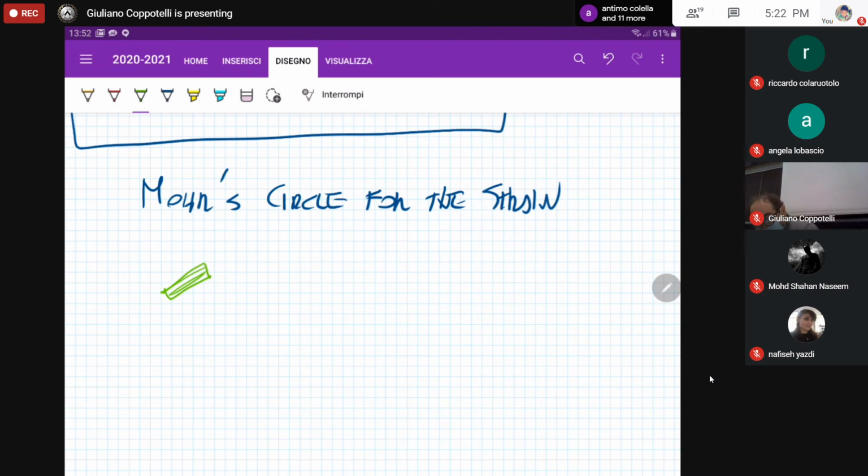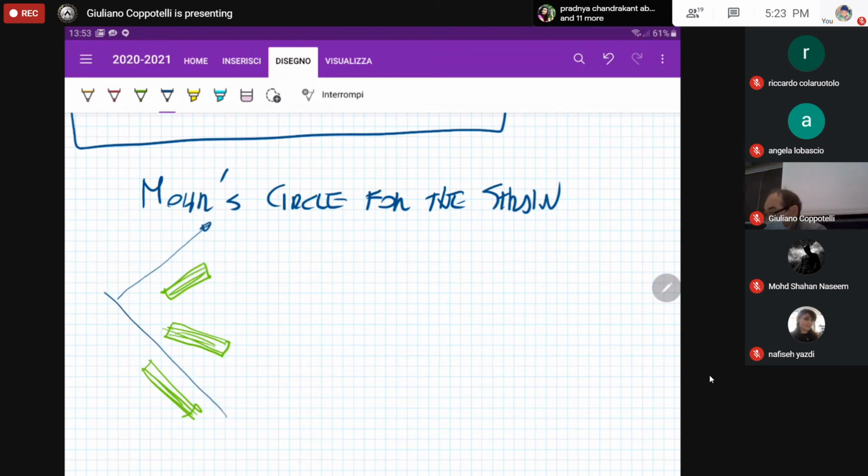Let's say 1, 2, and 3, with a given reference frame, for example this one, X and Y. Find out by the angle, let's say, this angle phi, then we have alpha, and then we have beta.